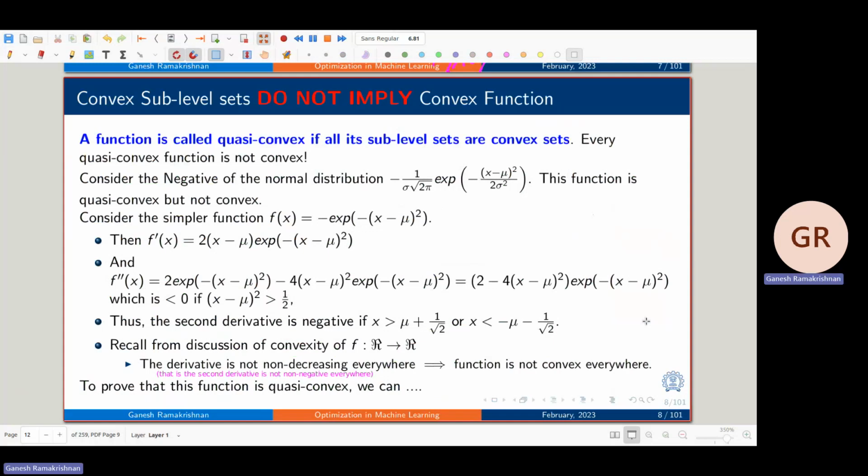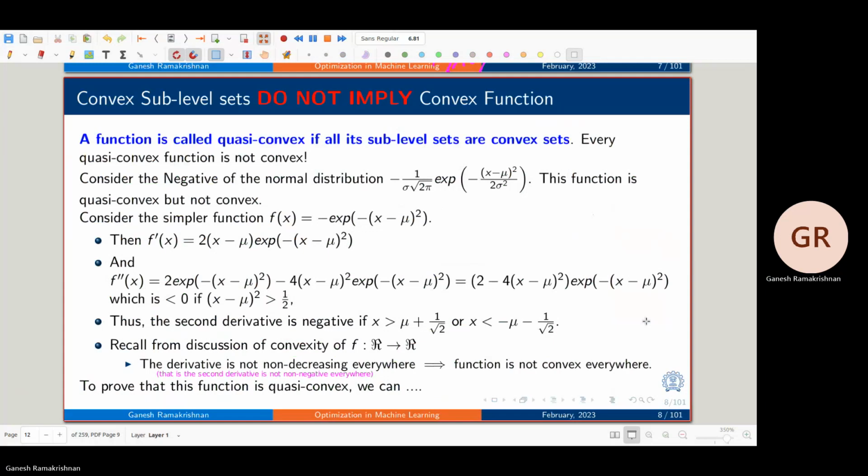So now we are asking whether the set of all quasi-convex functions is a subset or a superset of all convex functions.